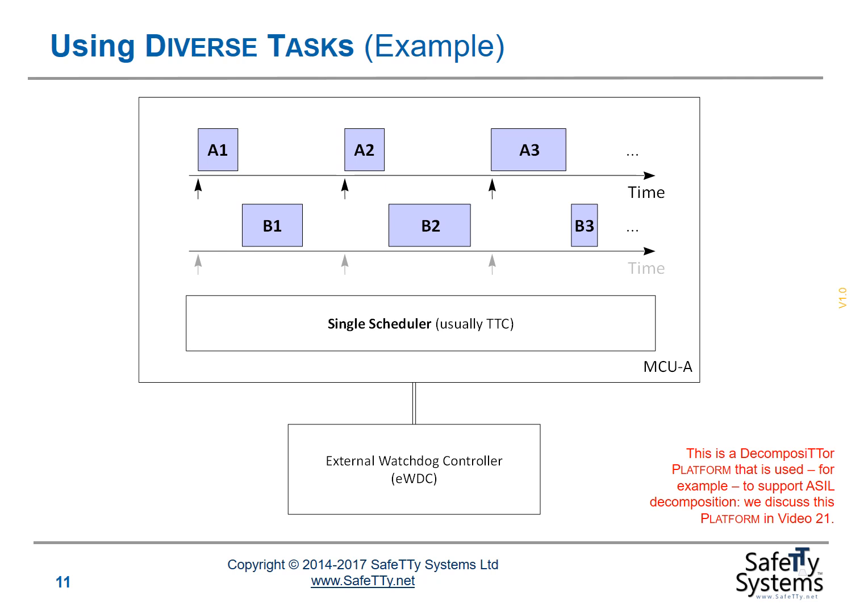That is, we want them to be performing similar activities but in a different way. We'll say more about the use of this kind of platform and the support for ASIL decomposition in video 21.